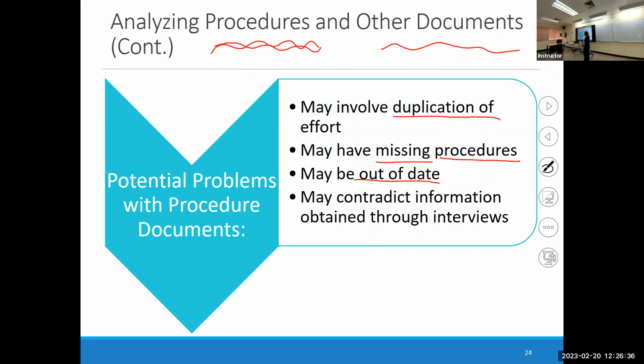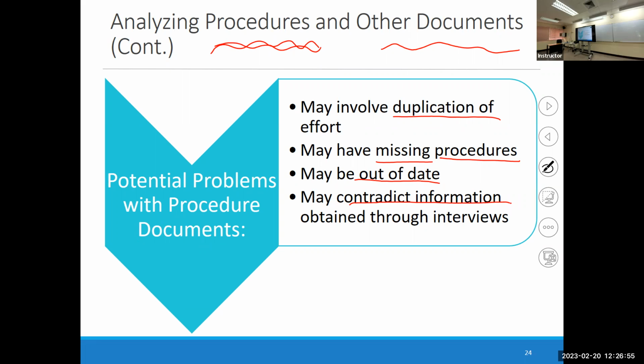Something out of date means not up to date, right? And something that contradicts, because as I said, they already changed the way they work, but they have not changed the document yet. So the document may be out of date and contradict with something you find in the interview.